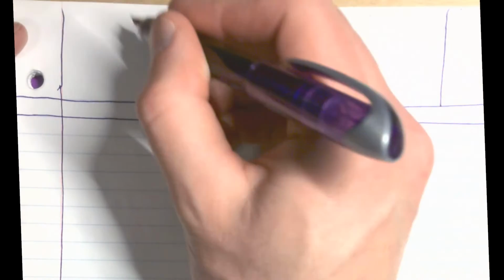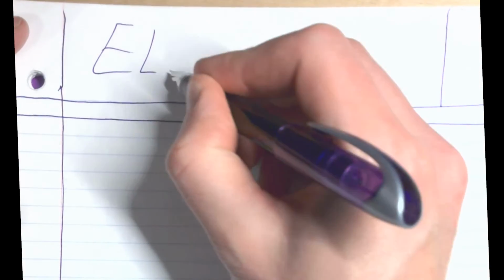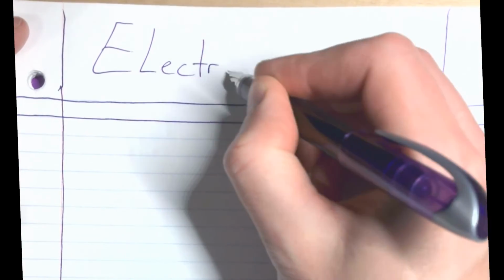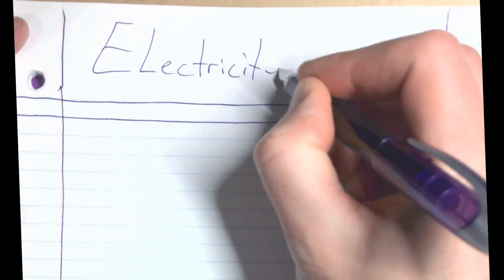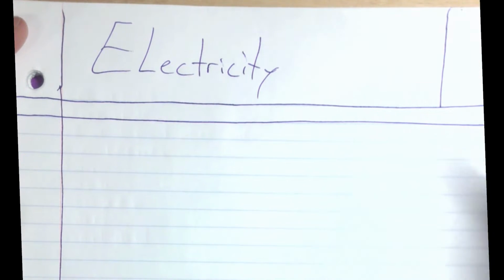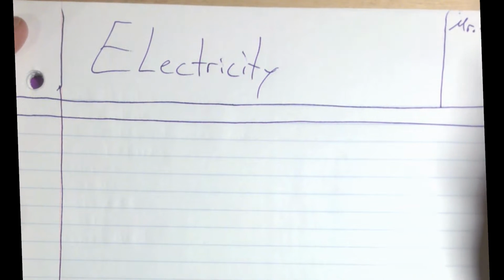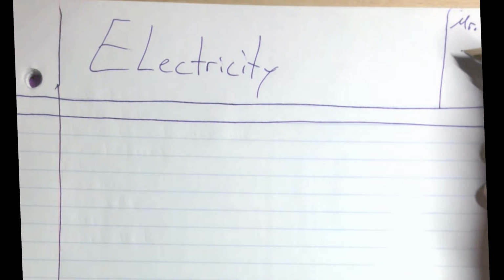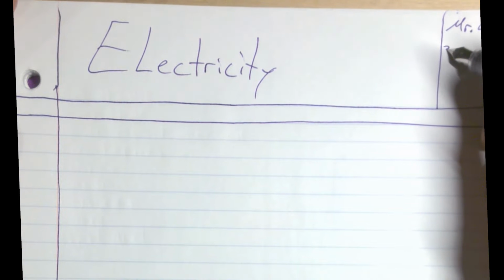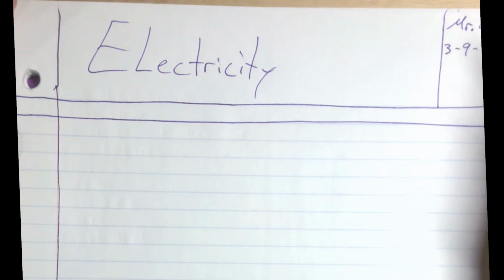Alright, so let's set up our paper. We're talking about electricity. And we're going to put our name up here and the date, which is 3/9.